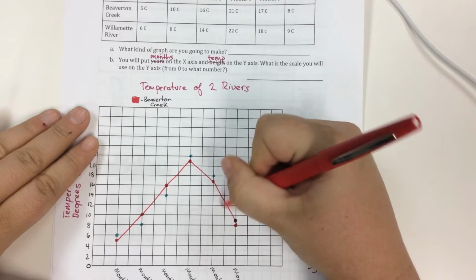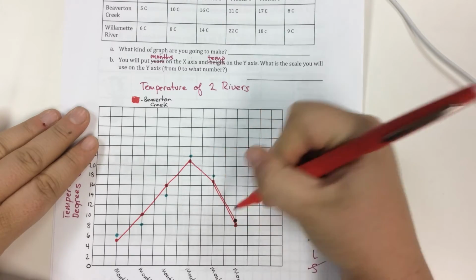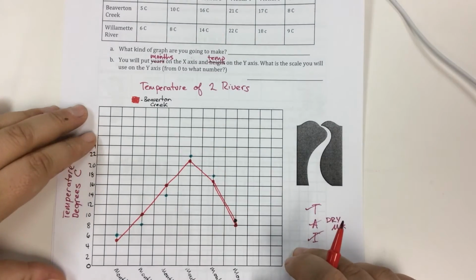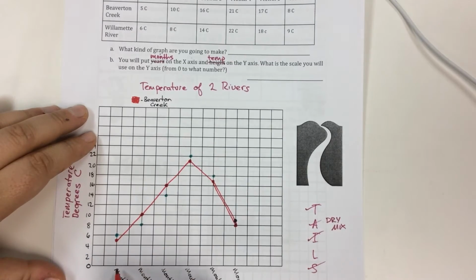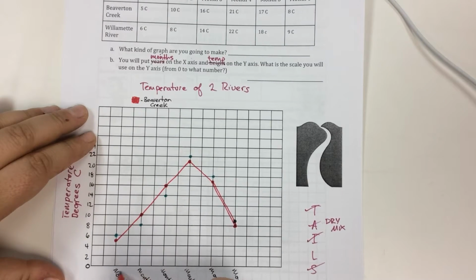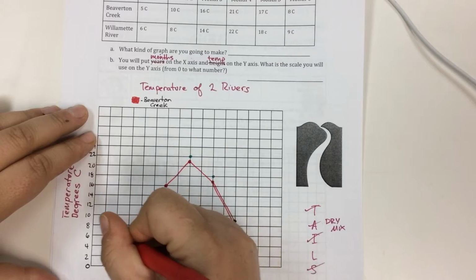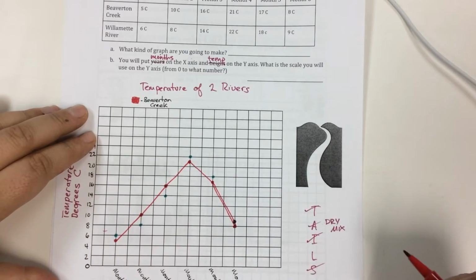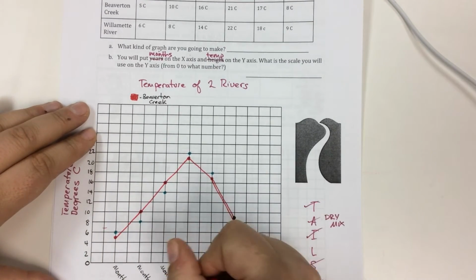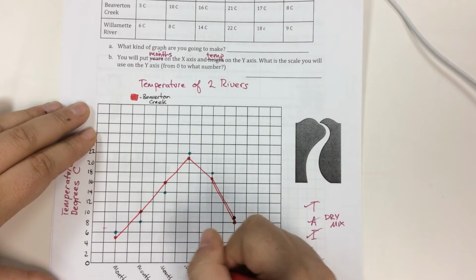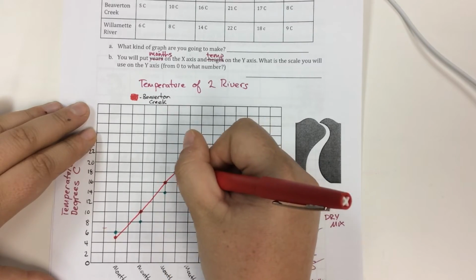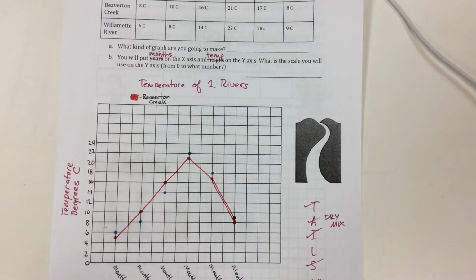I should have been more careful to make my line right there. So this is telling us that if we were in the middle of month 1 and month 2, then Beaverton Creek would be that temperature. In the middle of month 3 and 4, there's a day that's in the middle of month 3 and 4. It's that temperature.